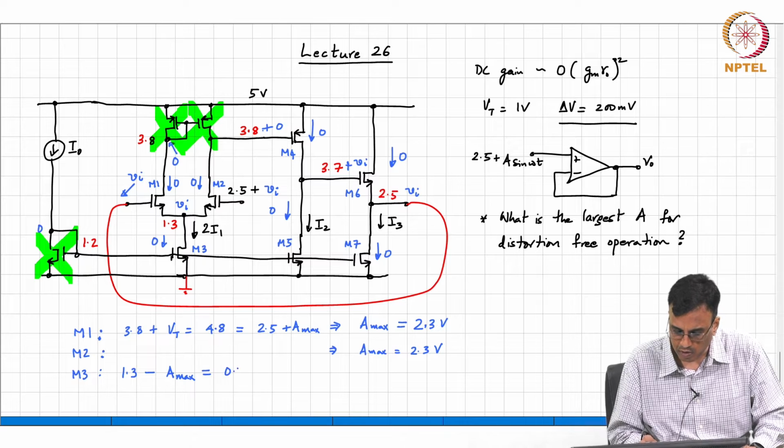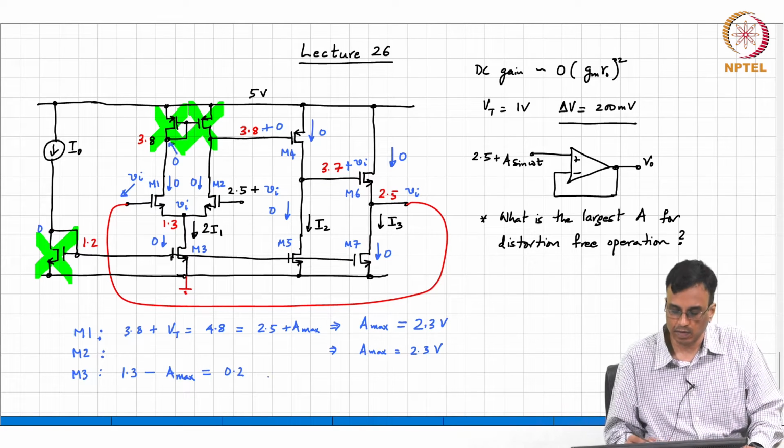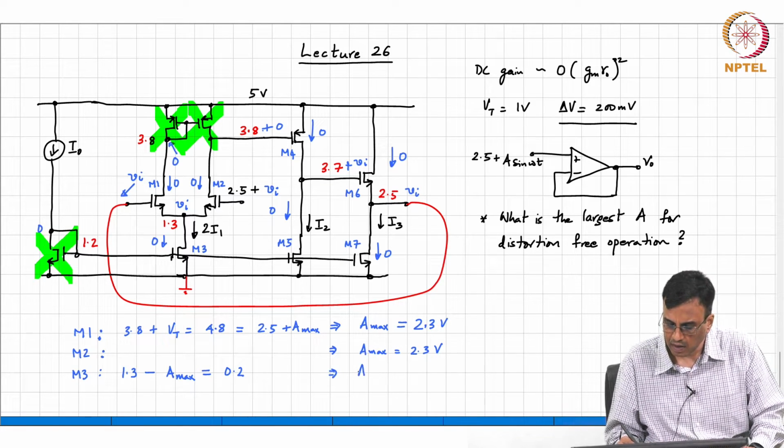This is the overdrive voltage, which is 0.2 volts, which means A max is 1.1 volt.